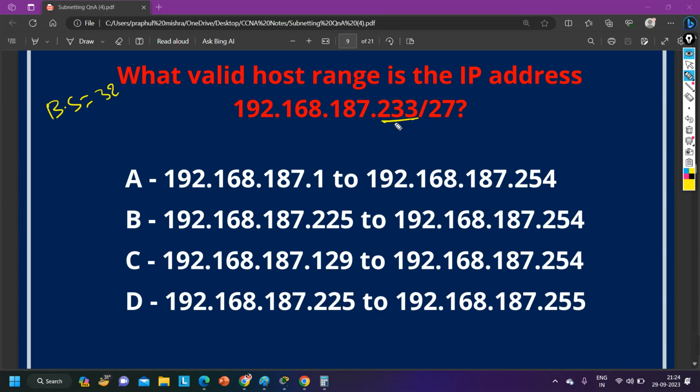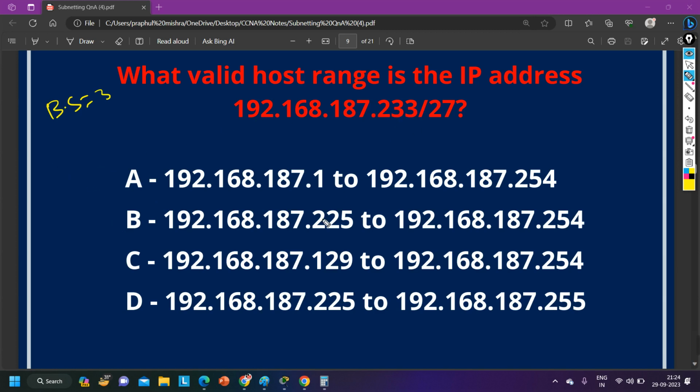So what will the network ID be? 32 plus 64 plus 96 plus 128 plus 160 plus 192, like this you can calculate it. 224.